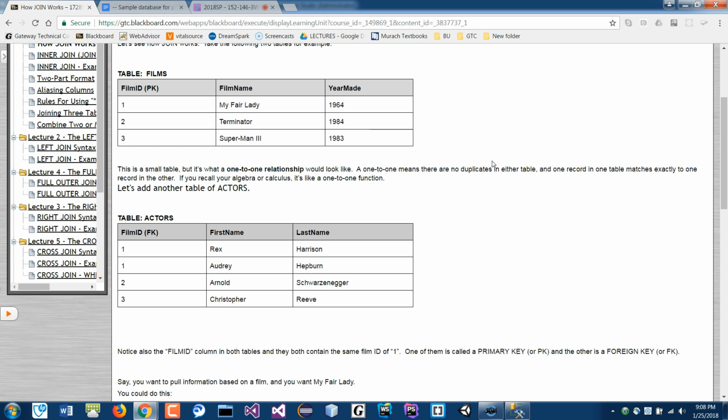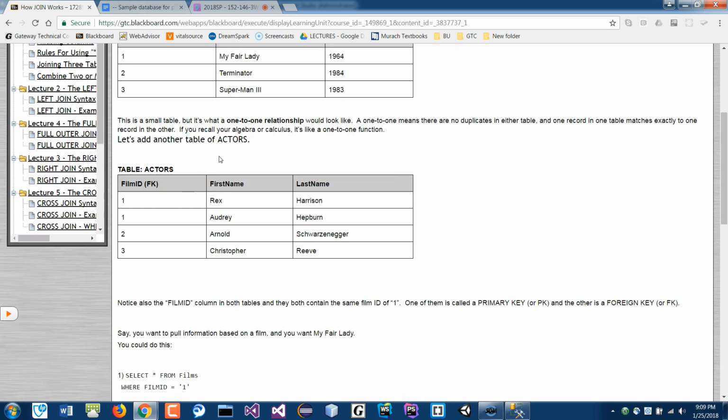This is one of the rules later on when we learn normalization. So in this case, for example, the films table should be only about the films. It should be related to the films only. I should not put other things in here. Then the actors table should be only about actors.